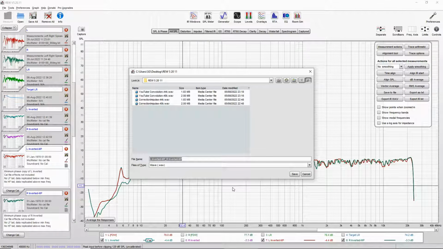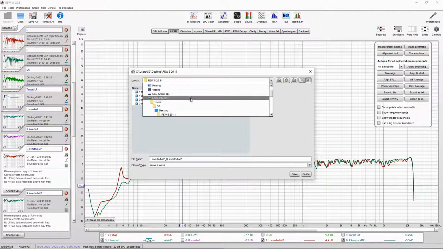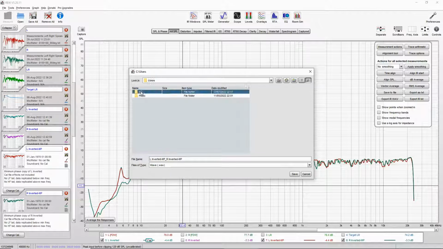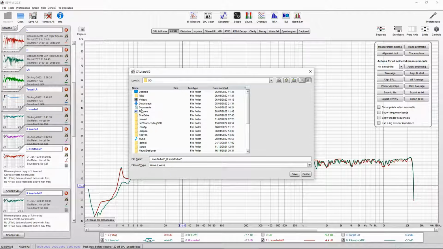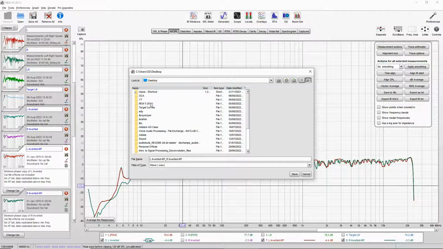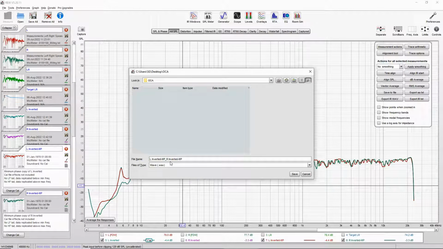So you create somewhere, let me find, call this correction. Left and right.